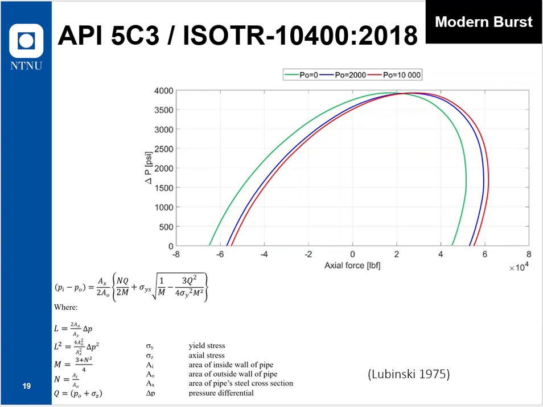Modern Burst. This is a software developed at NTNU in a master thesis of all things. This is one of the more accurate and modern calculation techniques. It's based upon theory that Lubinski did in 1975.